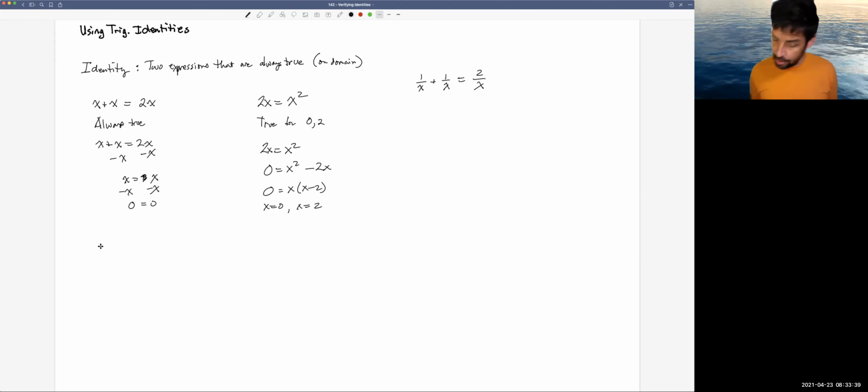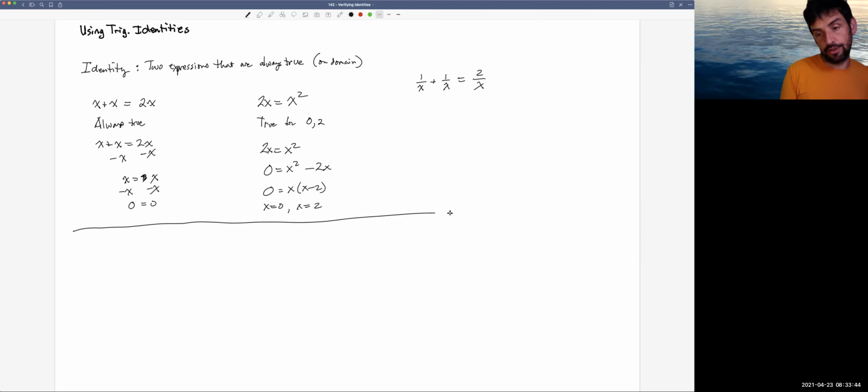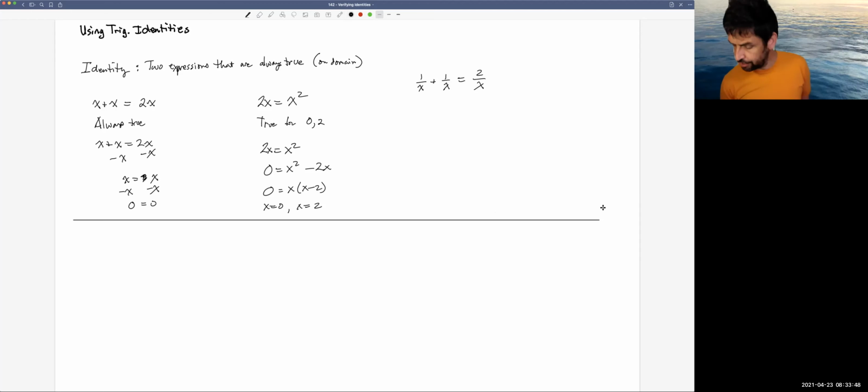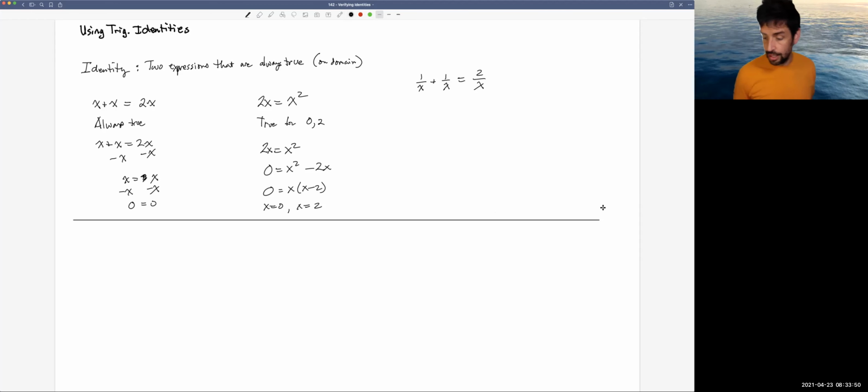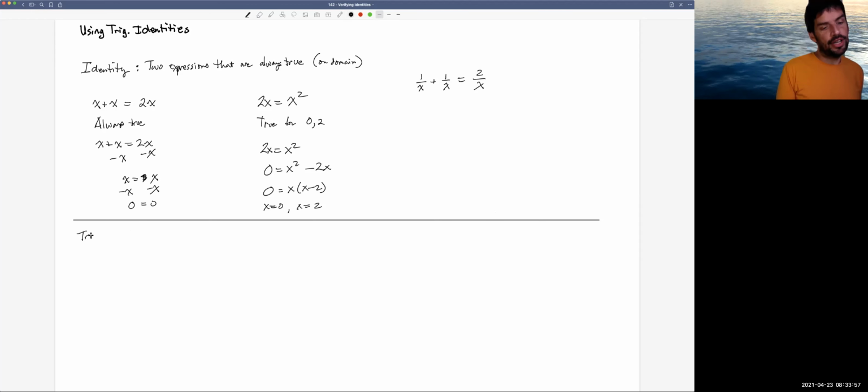So let's look at some of the identities we've seen already. We've already collected quite a few, and we're going to in the next few videos, not in this video, I don't think I'm introducing any new identities, but we will be gathering quite a few. So I won't write these ones all out, but we have, well, let's write them out. Our trig definitions.